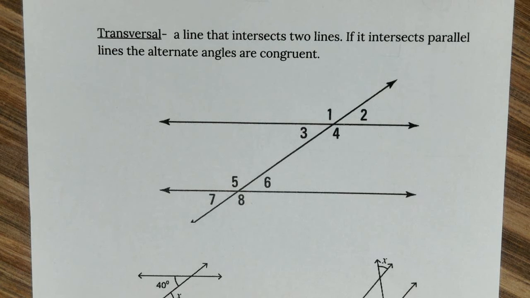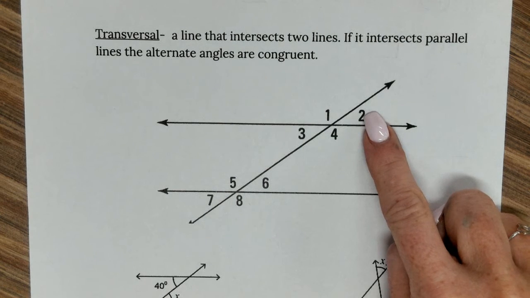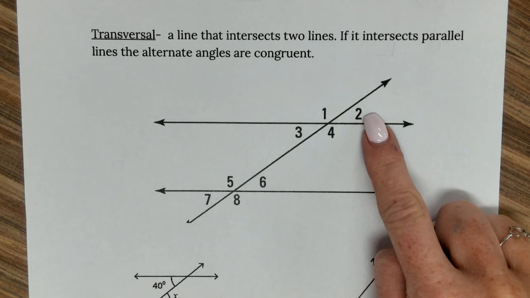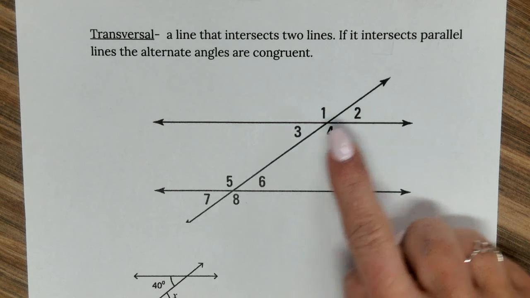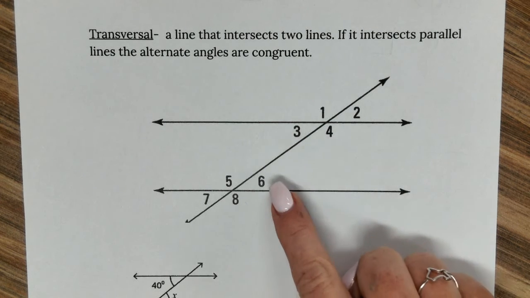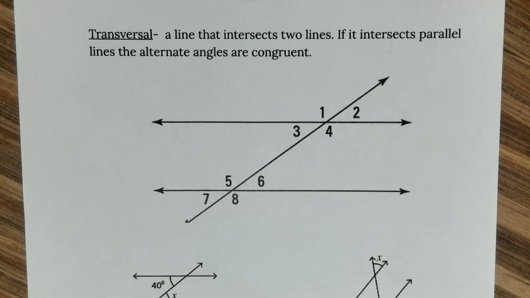All right, I'm going to ask you a question. Angle 2 is 45 degrees. What is angle 3? Because they are the same. What's angle 6? What's angle 7? Because all of the acute angles are the same.